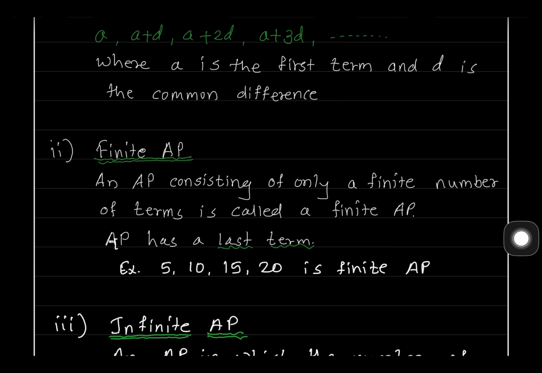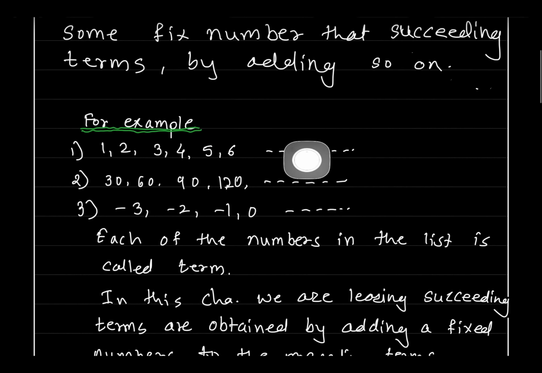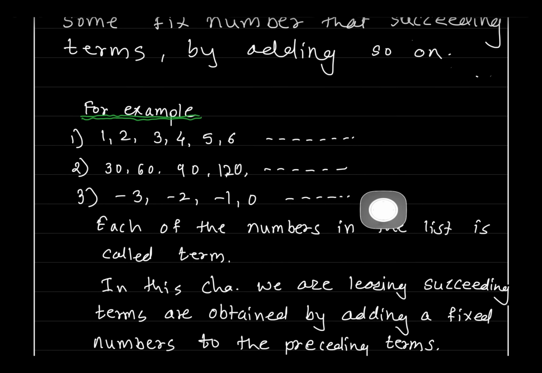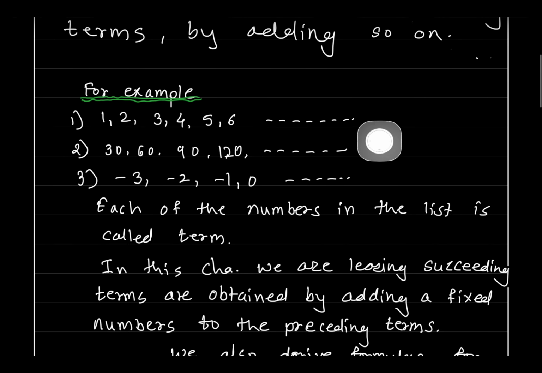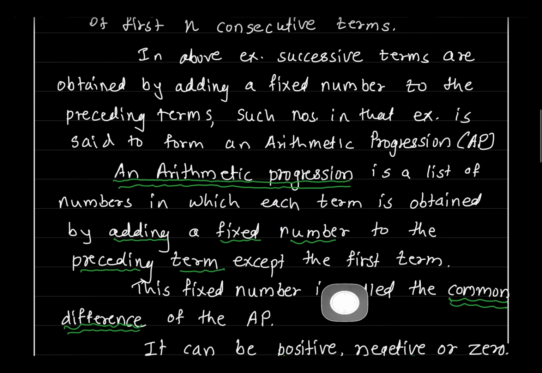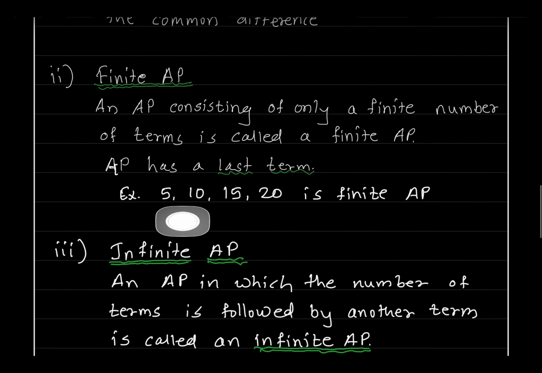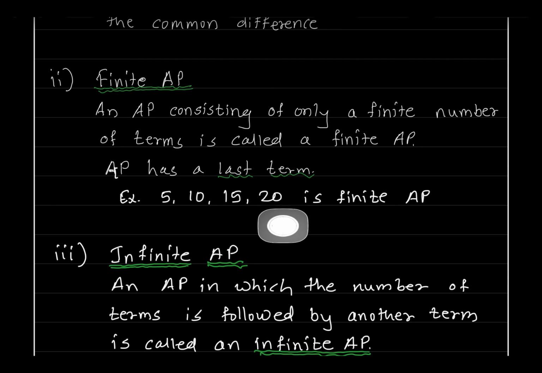In the earlier examples, the dash dash means there is no last term and no end, so these are not finite. For a finite AP, see the example: 5, 10, 15, 20. 20 is the last term, so it is a finite AP.